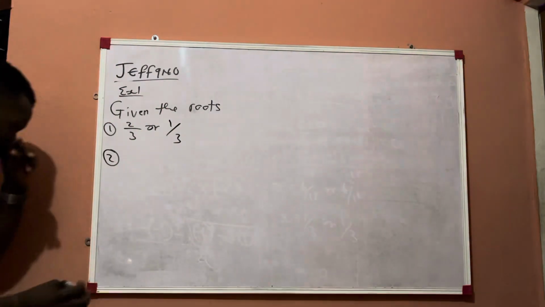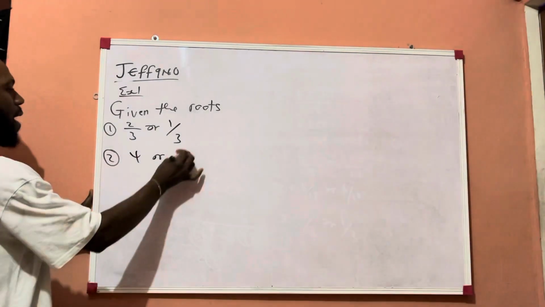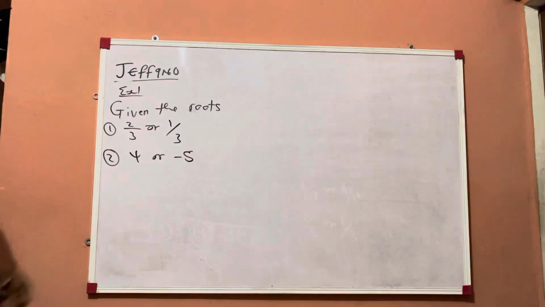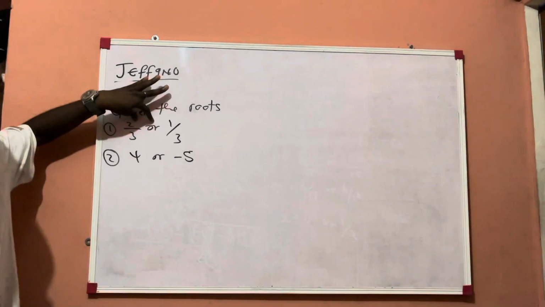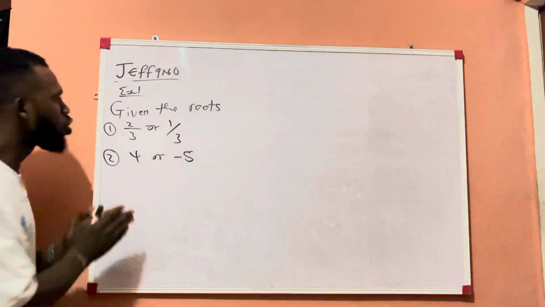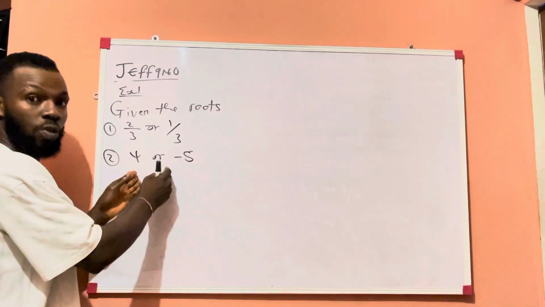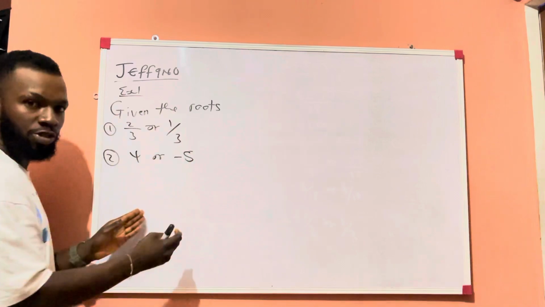Number 2, 4 or -5. Now, these are the roots of an equation, but we don't know the equation yet. So we are told now to find the equation, the quadratic equation, given these roots.